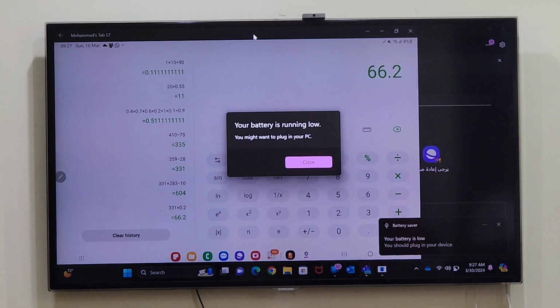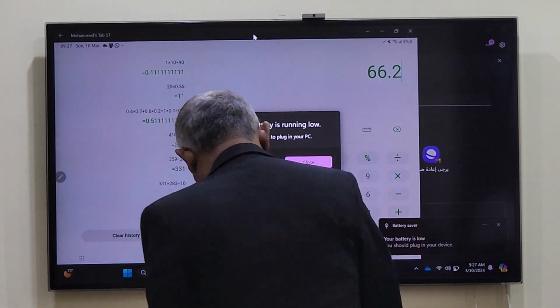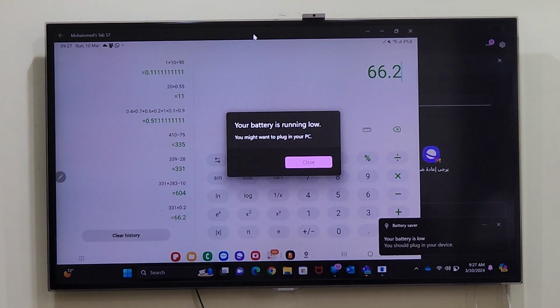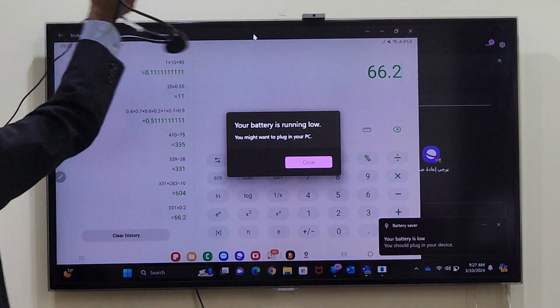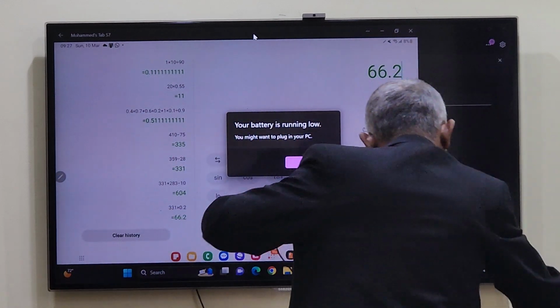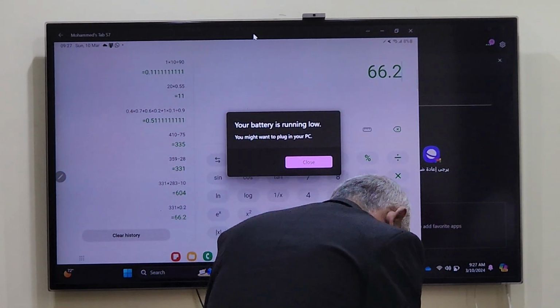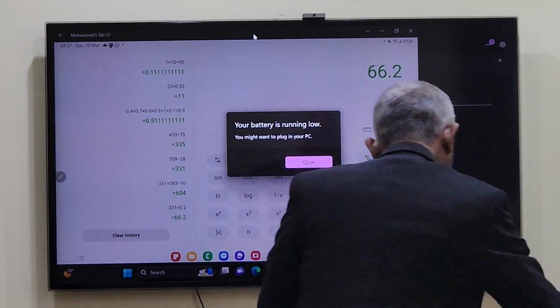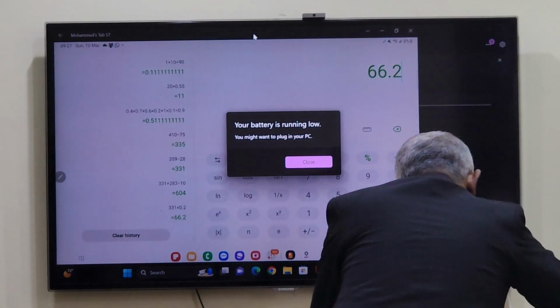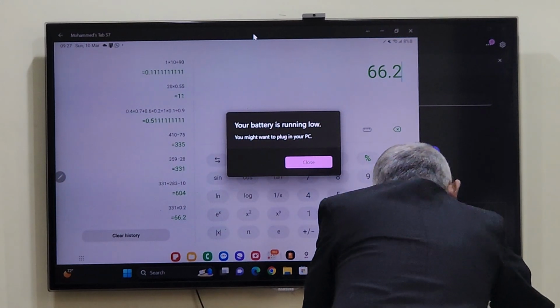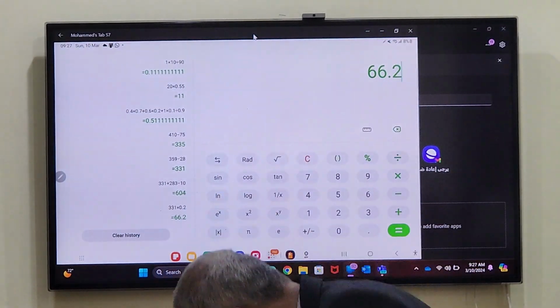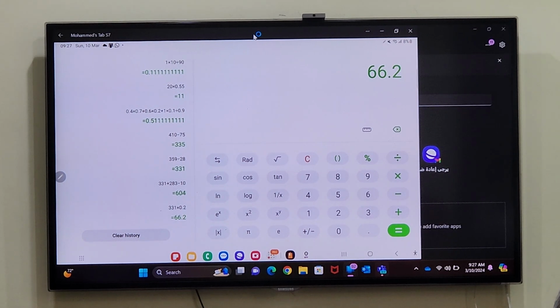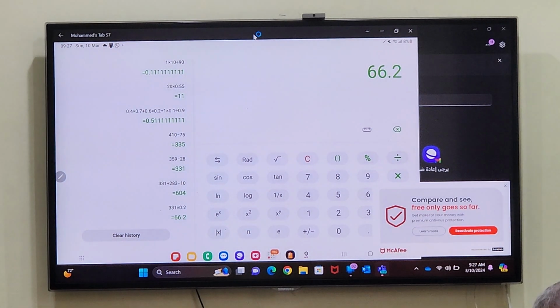Screen on. Next class you can't drive now.